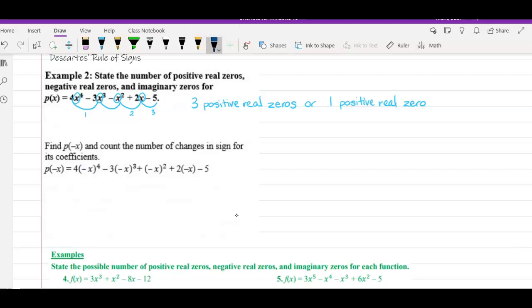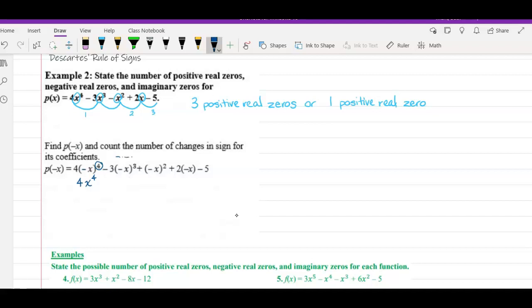If you have a negative raised to the 4th power, negative times negative times negative times negative is positive. So my first term simplifies to 4x to the 4th. And it doesn't change. What happens here if I have a negative raised to the 3rd power?